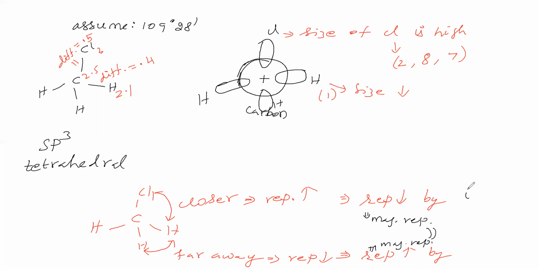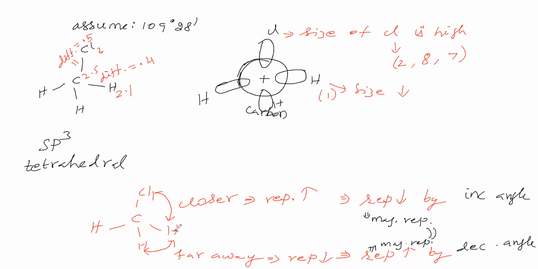So by increasing the angle here and decreasing the angle there: if the angle increases here, automatically repulsion reduces; if the angle decreases here, automatically repulsion increases. So at one stage the magnitude of repulsion here and here becomes equal.